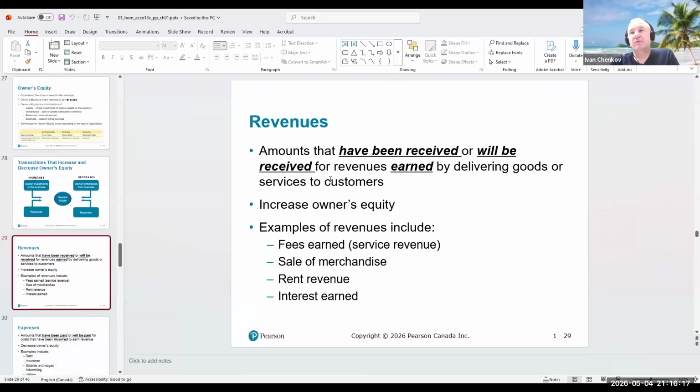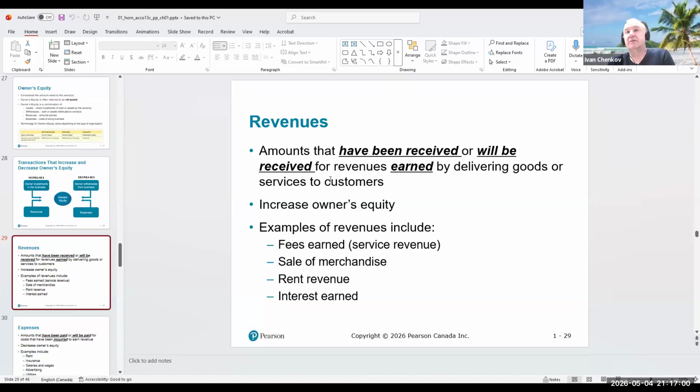Then we have the revenue. What's the revenue? Revenue is something that has been received or you are going to receive, because you give something to the customer, either goods or services. Examples of revenue can be service revenue, sale of merchandise, renting space, or interest. Investors who lend money generate revenue by earning interest.